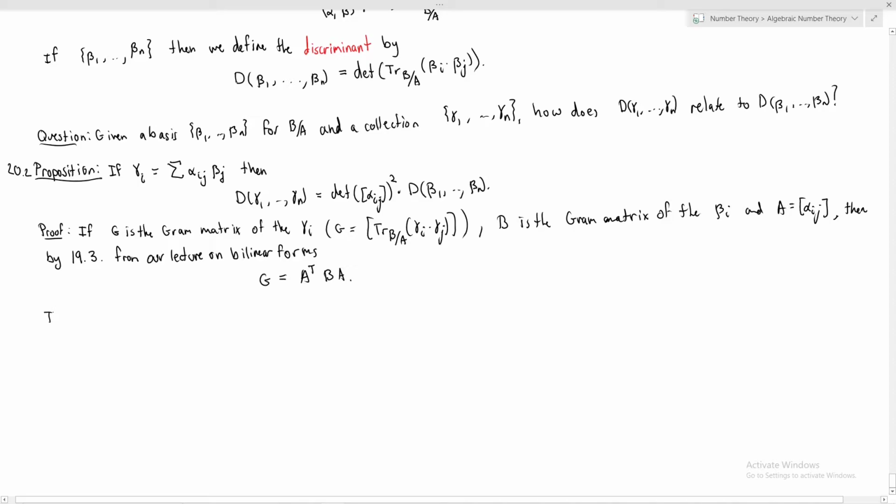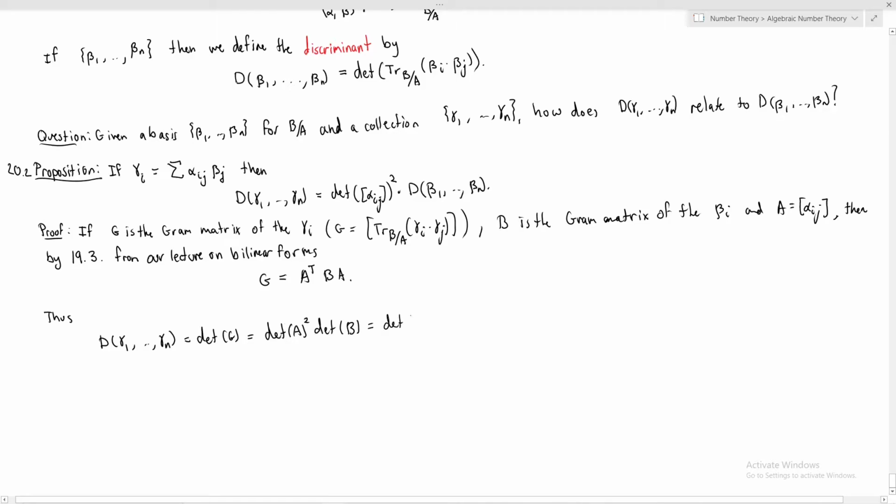Thus, the discriminant of the gamma sub i's is the determinant of G, which, splitting this and using the fact that the transpose doesn't actually change the determinant, is the determinant of A squared times the determinant of B, and you can see these are by definition basically the result we want.